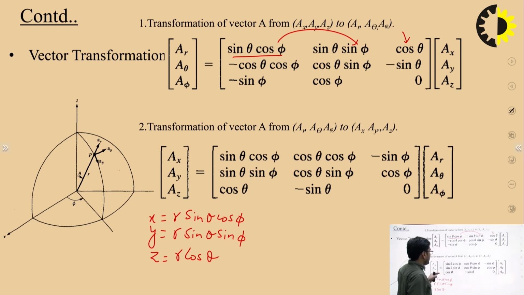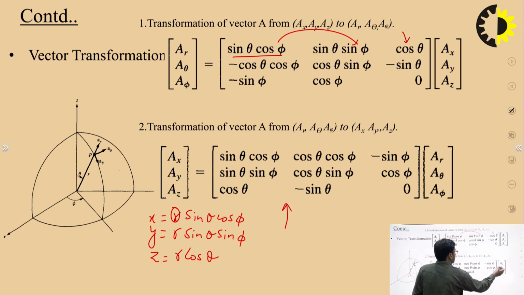But here I am talking about the transformation of the spherical coordinate system into the rectangular coordinate system. So first you need to look over this transformation matrix here, right? The first one you need to differentiate with respect to r, which gives sin theta cos phi. The second one should be differentiated with respect to theta. This sin theta would convert into cos theta cos phi, and the third one is differentiated with respect to phi.